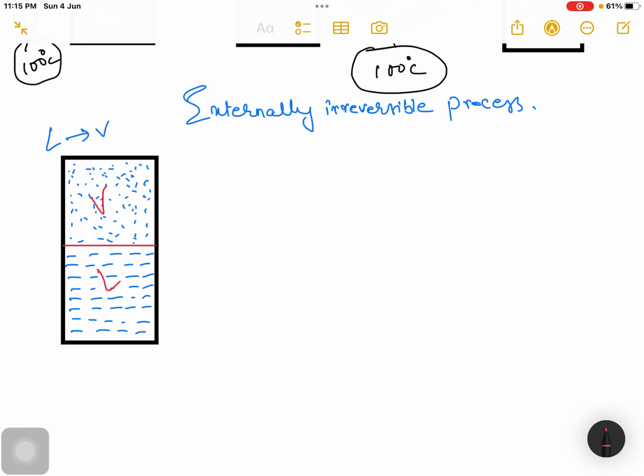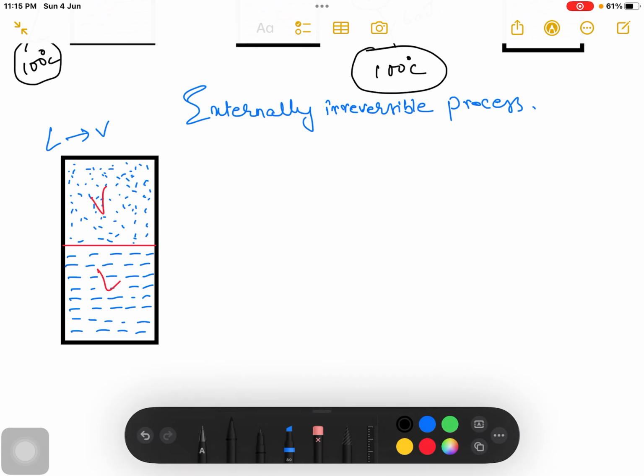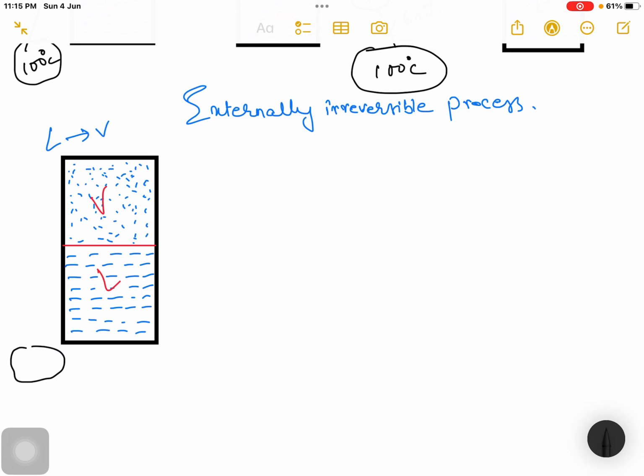The source temperature is 100 degrees centigrade, and this liquid vapor temperature is, suppose, 95 degrees centigrade.